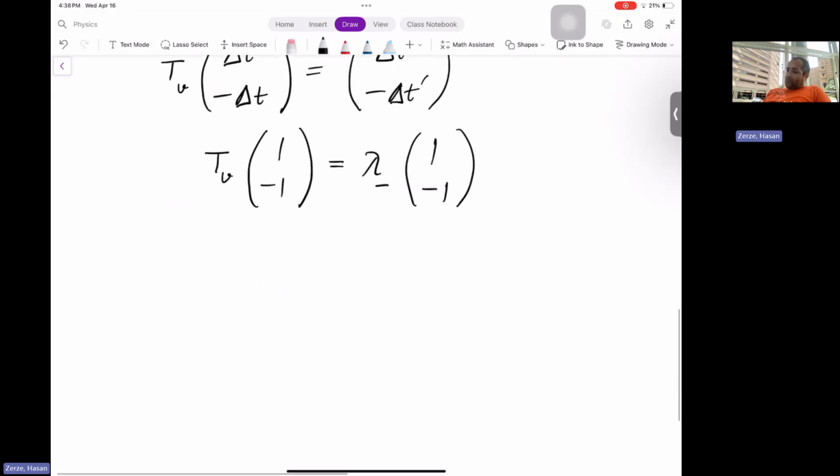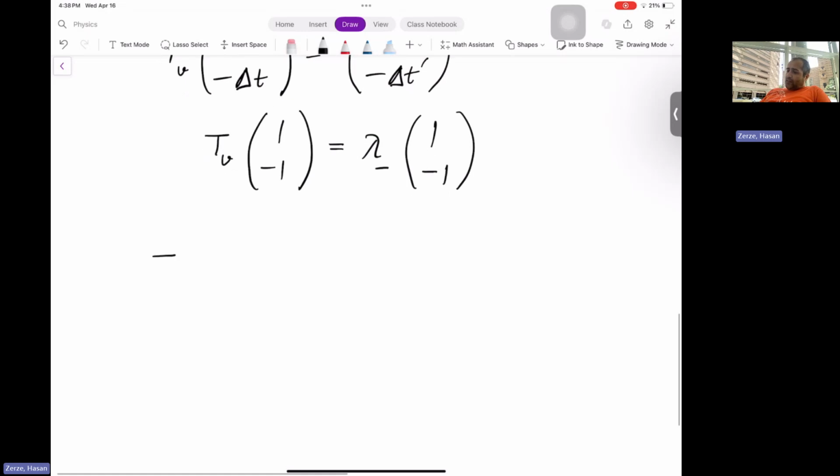Now, using these, we can write a very general matrix, A, B, D, and E. I'm not using the letter C just not to confuse it with the speed of light. But say we have 4 entries, and we want to find out the values of A, B, D, and E in terms of the velocity v.